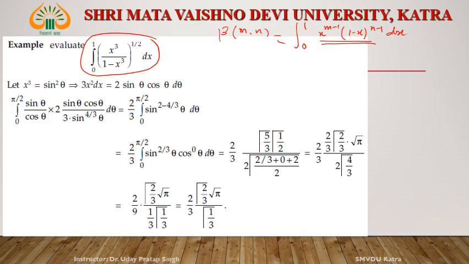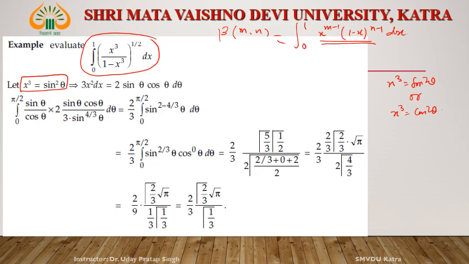So apply this transformation. Let x cube be equal to sine square theta. How do you know which transformation to apply? This comes with practice. Either you put x cube equal to sine square theta or x cube equal to cos square theta.